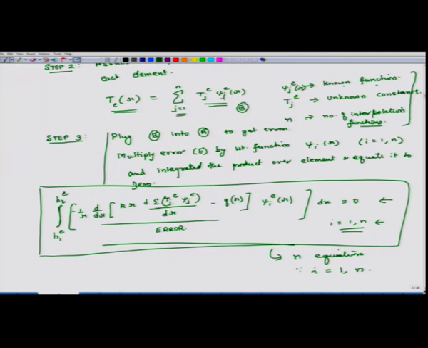Not because j is going from 1 to n, because j is being summed. So, this term does not change, it is psi I that changes as I changes. So, this represents n equations and there are n variables at element level. So, at least at the element level the number of equations and the number of unknowns are the same. This is step 3.